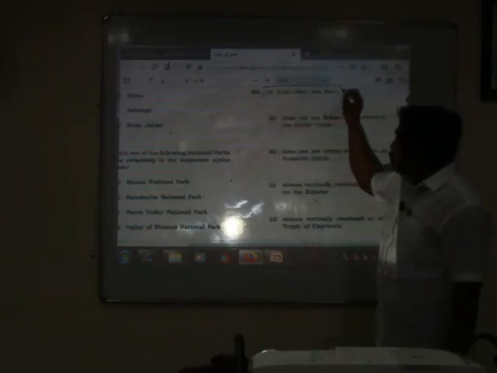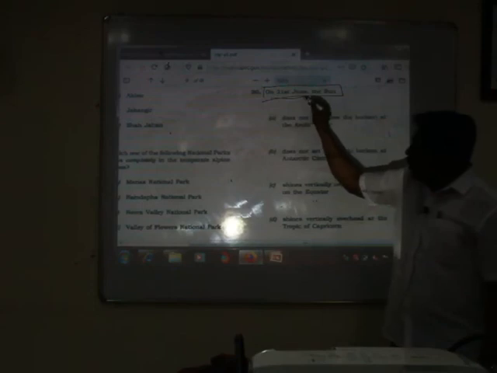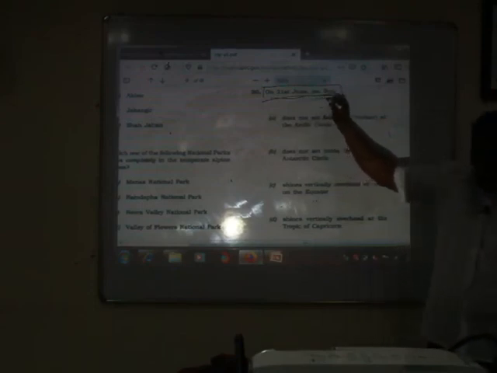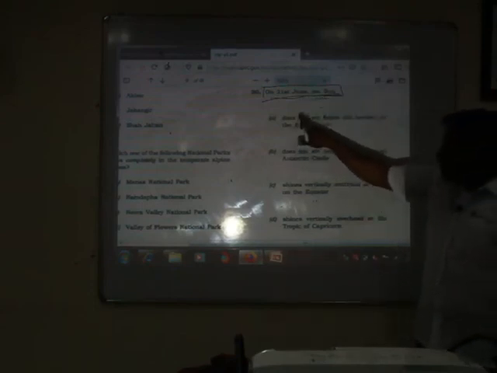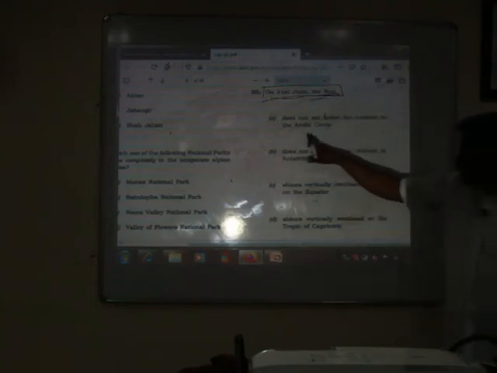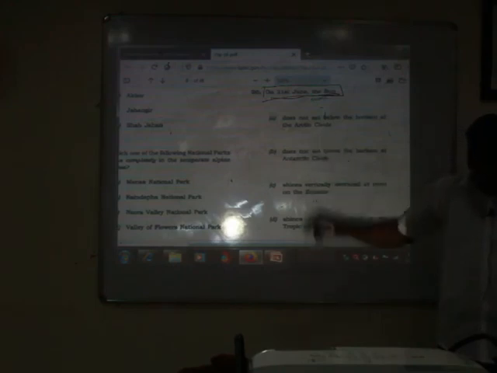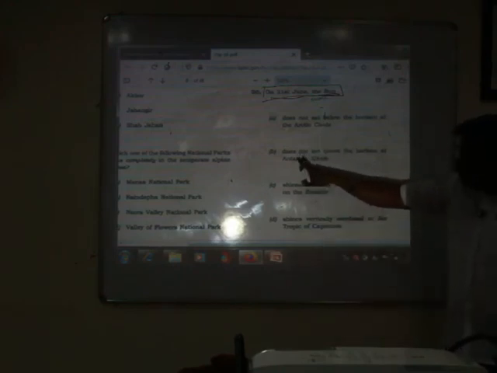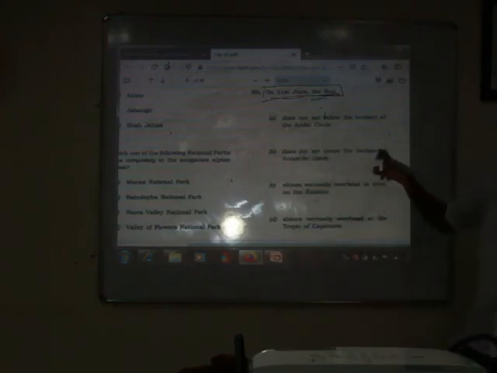On June 21st, what happens? On June 21st, the sun: Option 1, does not set below the horizon at the Arctic Circle. Option 2, does not set below the horizon at the Antarctic Circle.